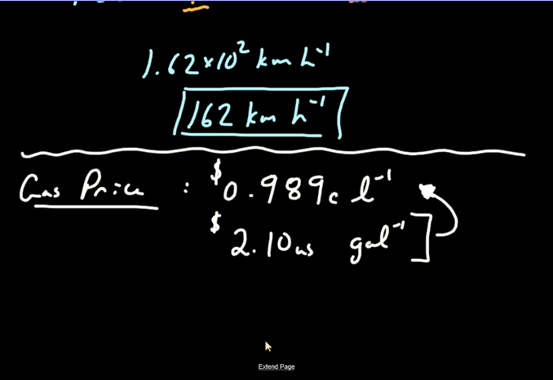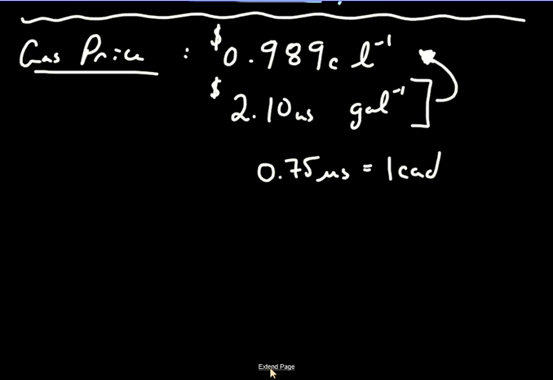Can you do that? So the first thing is, I believe last time I looked, 0.75 US dollars equals 1 Canadian dollar. Okay, and there are 3.78 liters in 1 gallon.